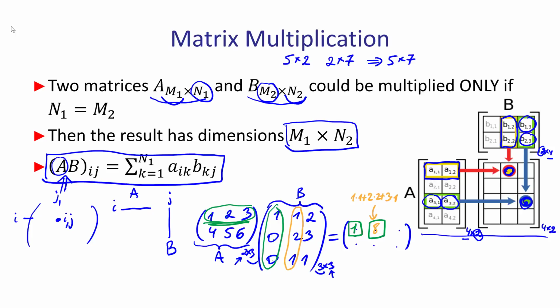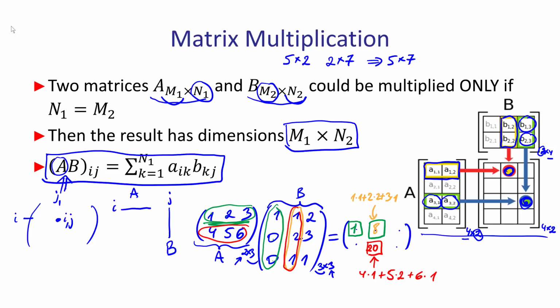Now, if you want, for example, that element, then you need to take second row and second column. And this will be computed as 4 times 1 plus 5 times 2 plus 6 times 1, and it will be 6 plus 10, 16 plus 4, it will be 20.